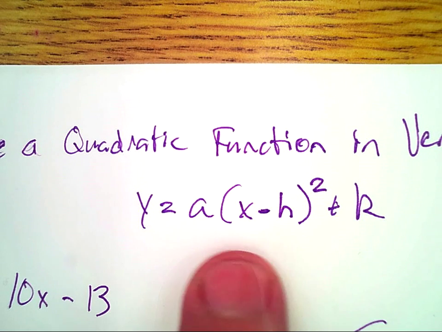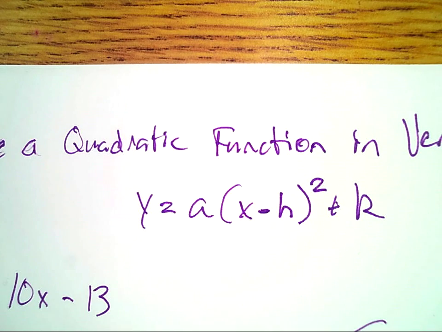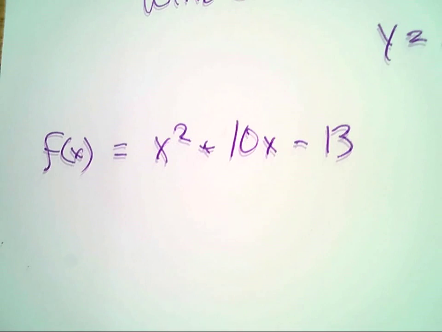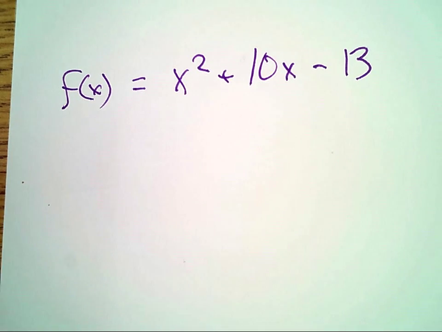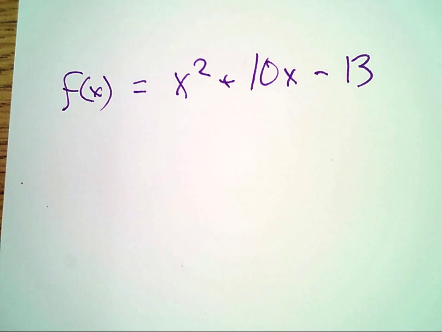Y equals a times x minus h squared plus k. You guys should recognize that as we've been doing it for the past week. So we need to get in that form. Now, last time, what did we say to do? What was our first step, basically?